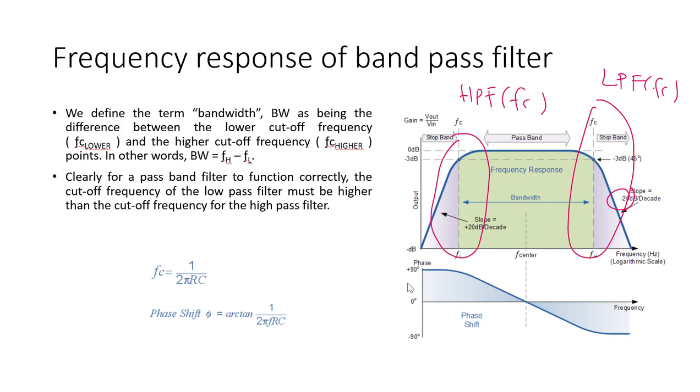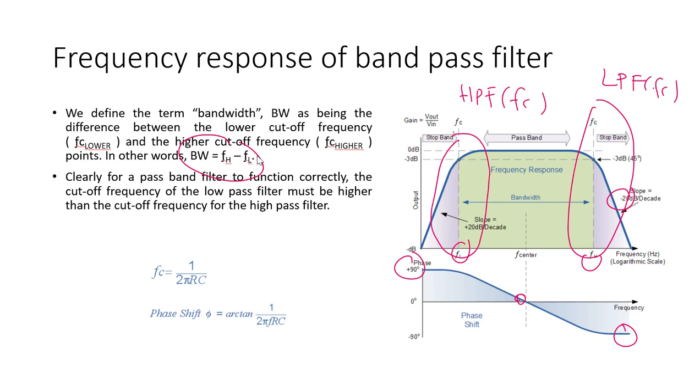High pass filter starts from 90 degree and comes to 0, and low pass filter starts from 0 and goes to minus 90. So the phase is from plus 90 to minus 90, whereas the magnitude is from FL to FH. FH minus FL is termed as the bandwidth of the filter.